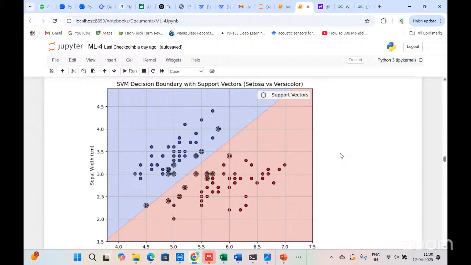So whatever data is placed nearer to the boundary line are called support vectors. The place where they have been placed is called the optimal dimension line.